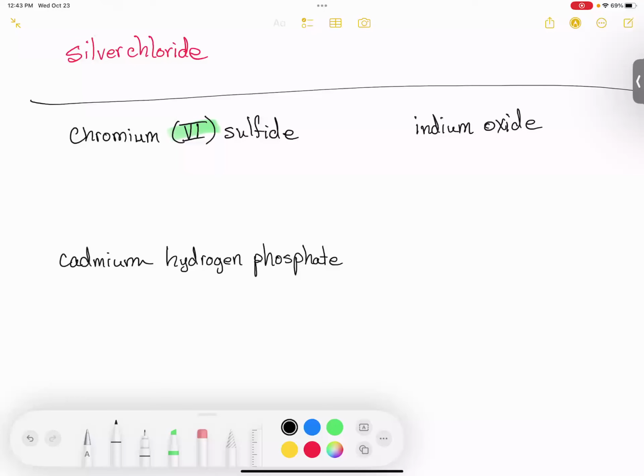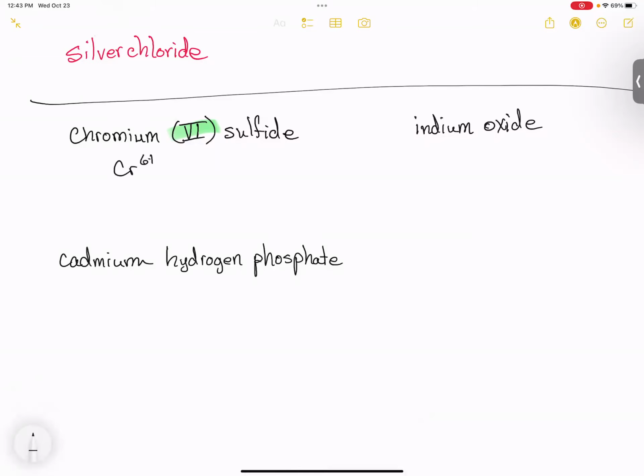The charge on the chromium, 6. The ending IDE tells me what? It's a negative charge on the sulfur. How negative? It's a -2 because it's in group 16. You cross the numbers, you drop the numbers. So we got Cr2S6. And then don't forget to simplify by dividing through by the smallest if possible. So it's CrS3.